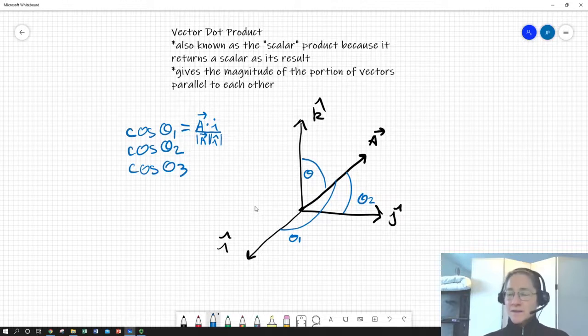But if you run across someone wanting to know direction cosines, just remember to use the dot product and dot that vector into each of the coordinate axes, and then make sure you express it as just a cosine, which by definition will be a number less than 1. So you'll have to use the unit vector, the unit direction of that vector.